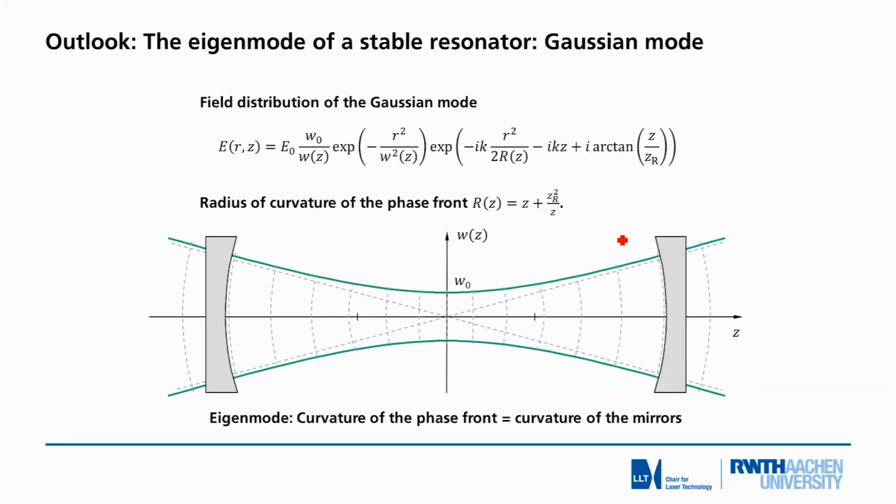So to summarize, this picture here shows again the overall behavior of a Gaussian beam, and now as a bridge to the next session on the resonators, you can see we draw in 2 mirrors, and the radii of these mirrors now match perfectly the corresponding radii of the phase fronts of the Gaussian beam at this position.